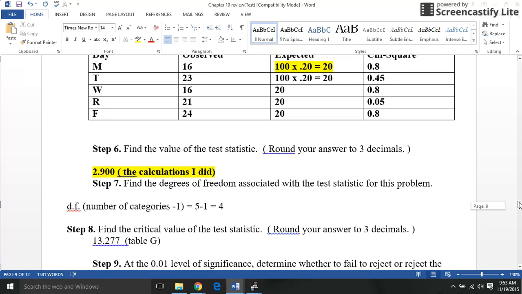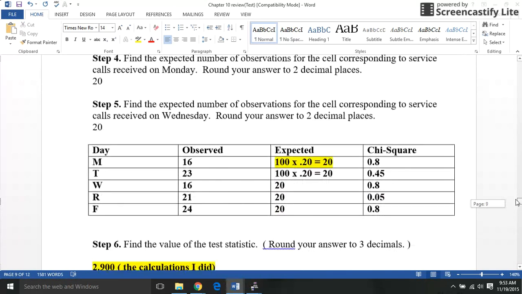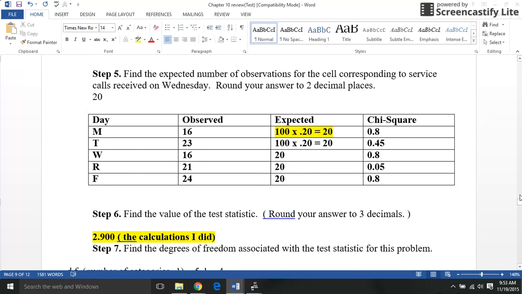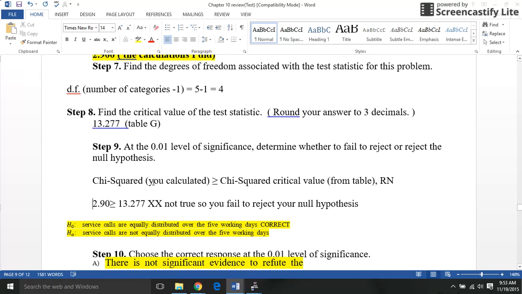Because remember, the 2.90 comes from adding all of these numbers up right here. And the 13.277 came from the table. And I kind of put it here, you calculated versus from the table. So since 2.9 is not greater than 13.277, you fail to reject your null.